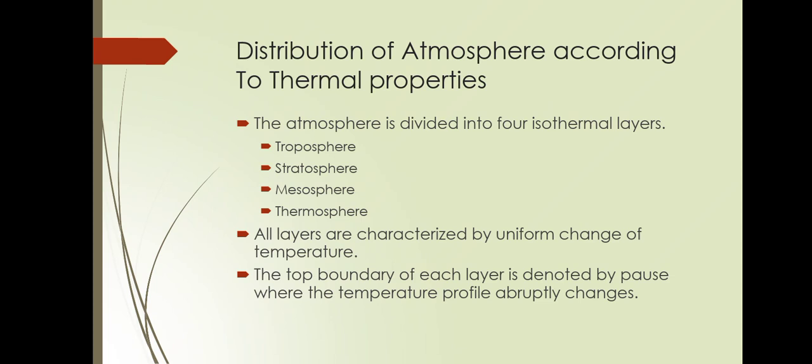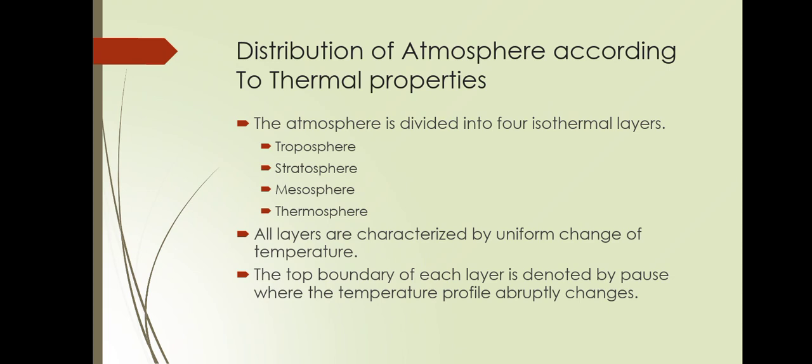In these four layers, there is a certain constant change of temperature. The top boundary of each layer is denoted by a pause, where the temperature profile abruptly changes. What is this pause?